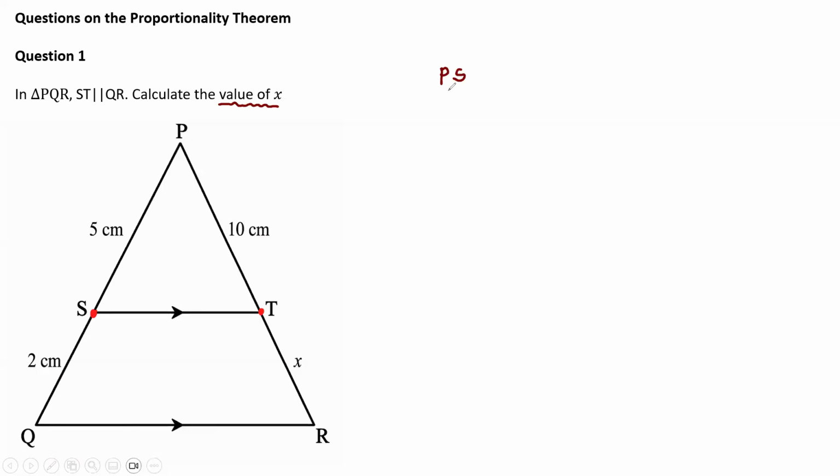PS over SQ is equal to PT over TR. So what's important is to start with your statement, then you back it up with the reason.